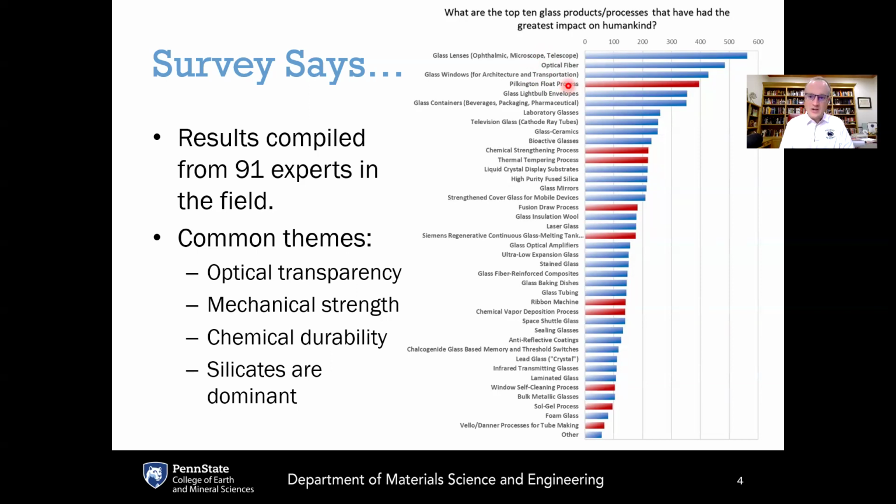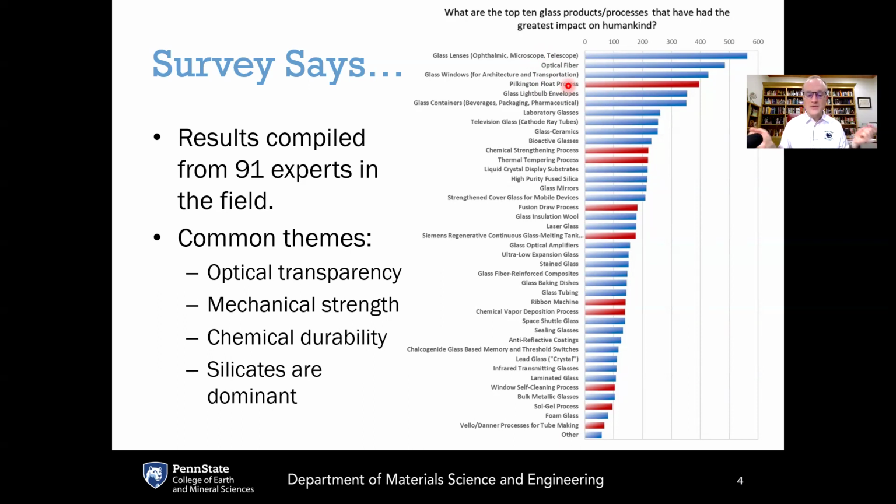So all architectural glass, all glass that's used in automobiles, is made via this float process where there is a bath of molten tin and the molten glass is floated on top of this bath of molten tin. The molten glass floats on top of that bath and creates a flat sheet.